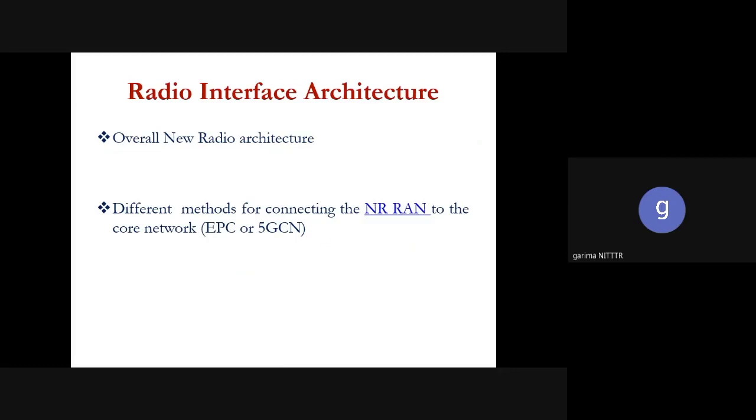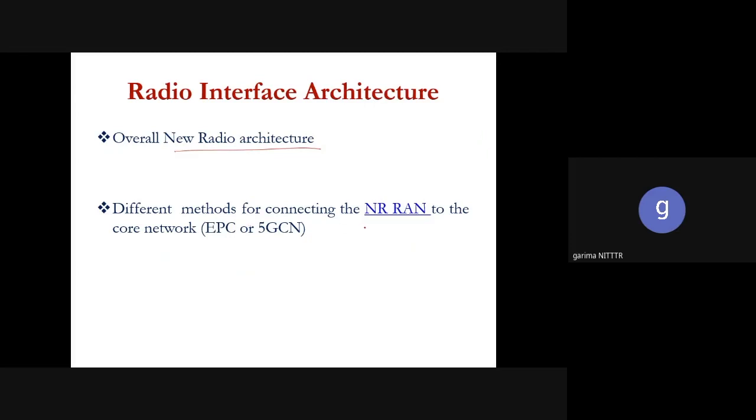As per the scalable subcarrier spacing, or new numerology of OFDMA in 5G communication, the 4G architecture can be utilized with some modifications. So we have a new radio architecture because we have new radio scalable numerology.